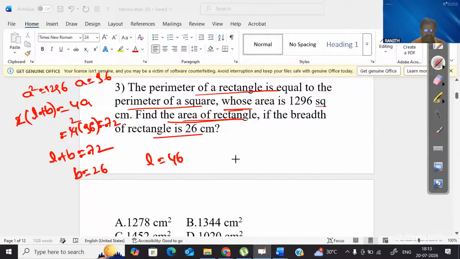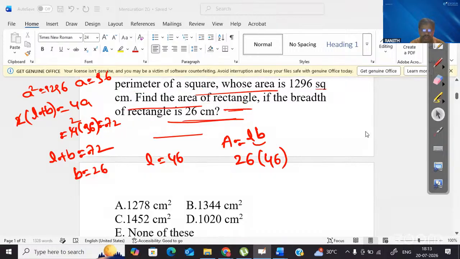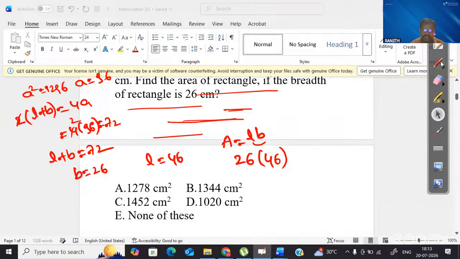It will be equal to 26 into 46. So area of rectangle equal to l into b. So 6 into 6 will be equal to 36, so the answer ends with 6. There is no option for 6, so the answer equal to none of this.